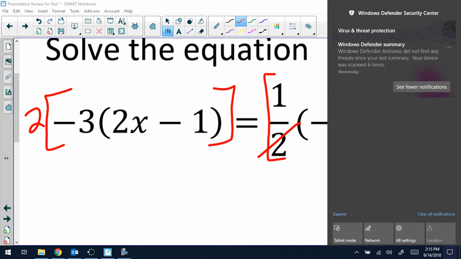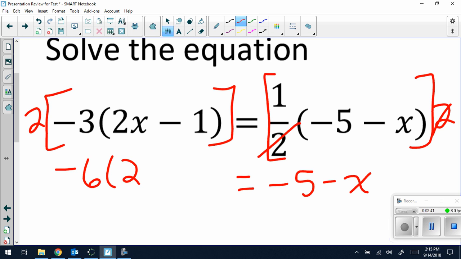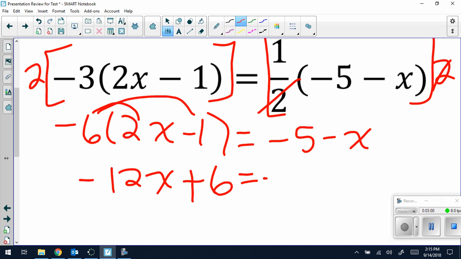On this side, the 2's cancel. On this side, 2 times negative 3 is negative 6. And then I need to distribute. So I'm multiplying by 2 to get rid of this times 1/2, which means divide by 2. I need to distribute before I can do anything else. And then negative 6 times negative 1 is positive 6.